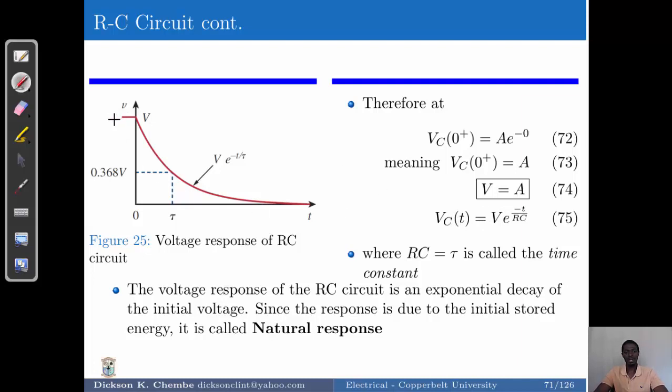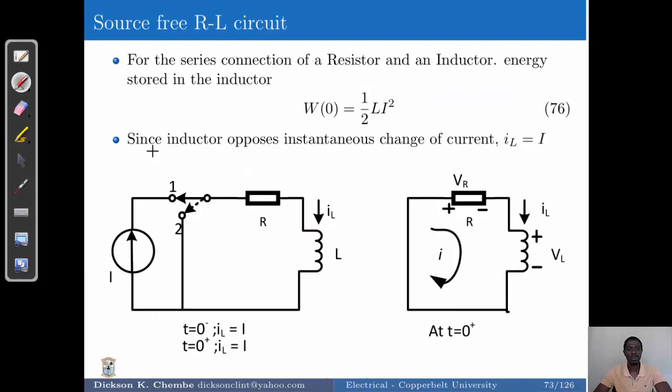And you see the capacitor will then discharge from its full charge to 0 with time at what we call a time constant, RC, tau. And this is what we call the natural response of the RC circuit.